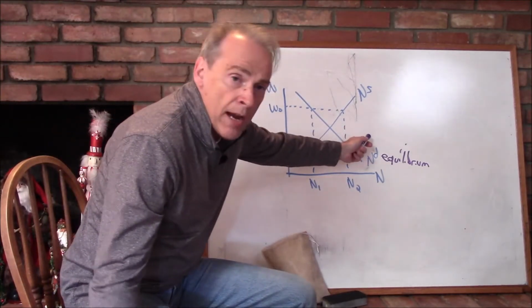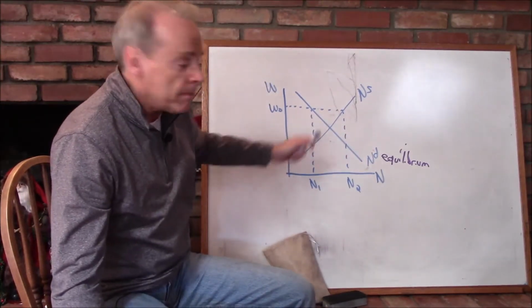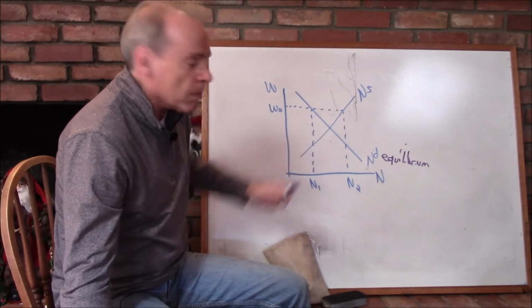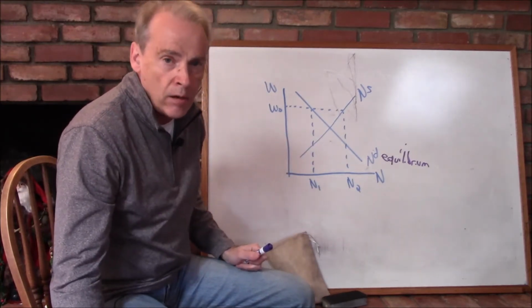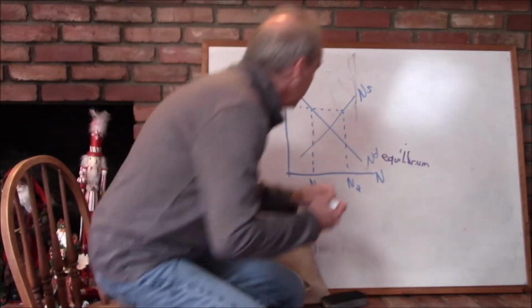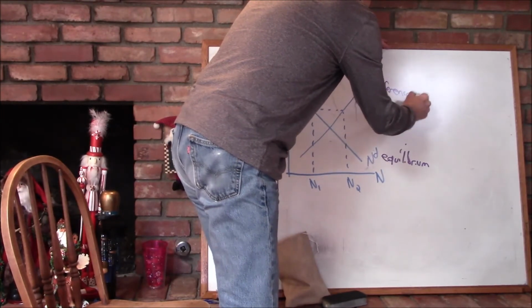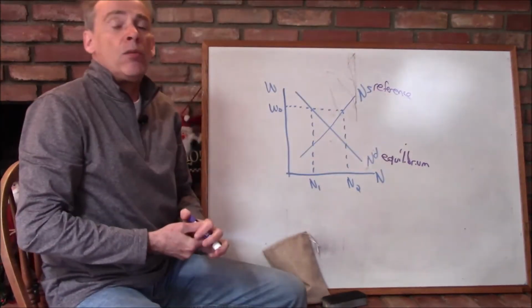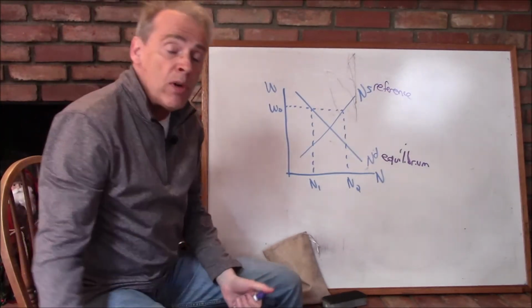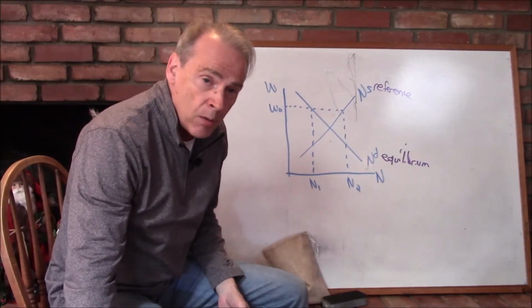If they're to the right, they'll lay people off, all right? That's a series of equilibrium points. We will be on that curve, all right? This is a series of reference points. That's where workers would like to be, but they really have no way of enforcing their will, all right?